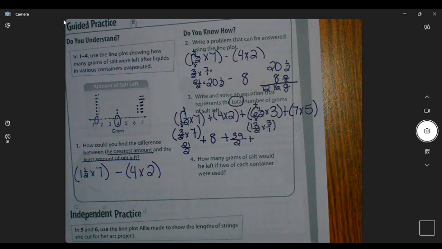What is 7 times 5? You're right, it's 35. Way to go, math magicians.